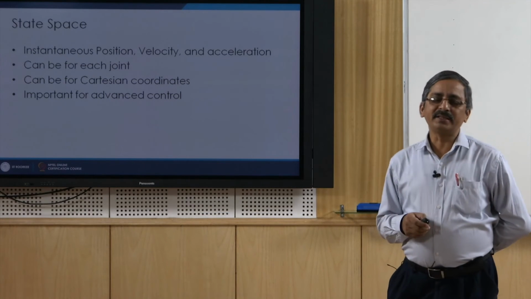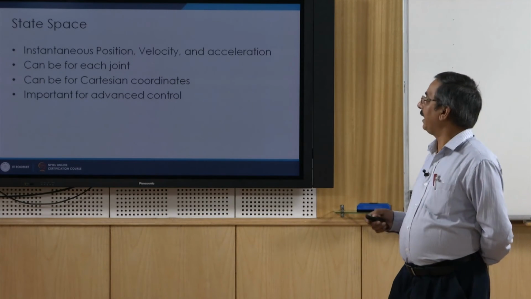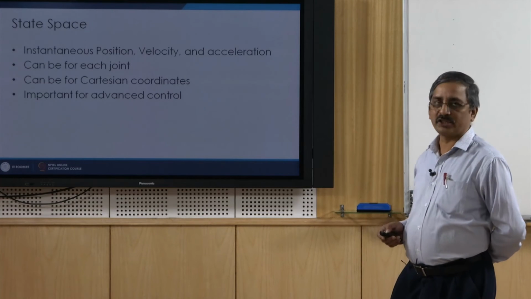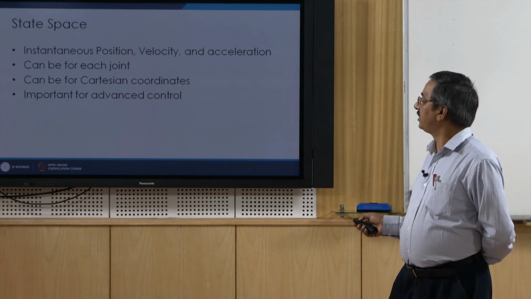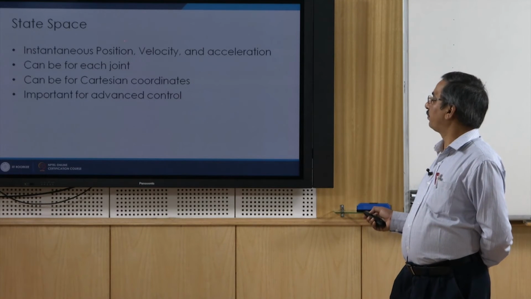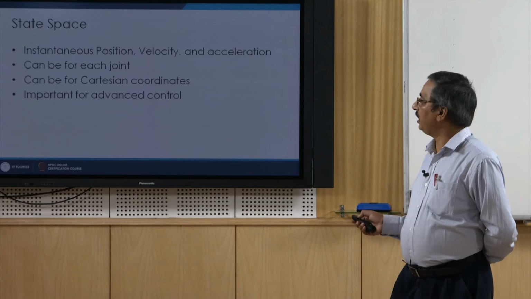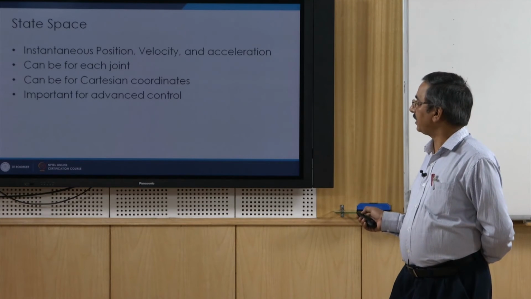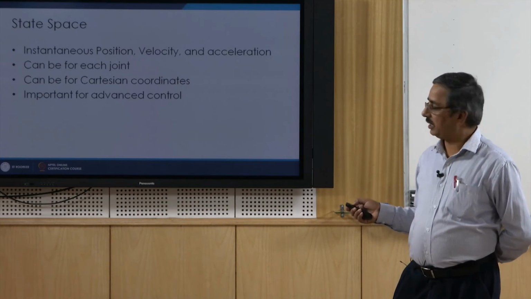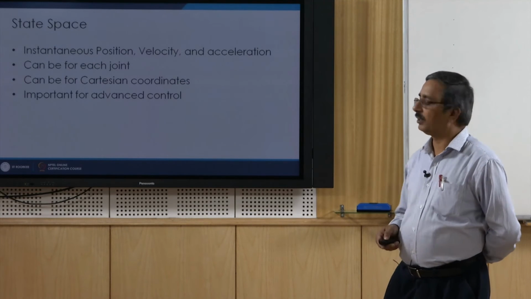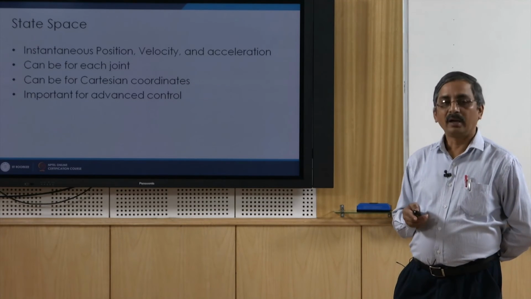The expressions are usually written in the form of state space, which describes the instantaneous position, velocity and acceleration, can be for each joint or for Cartesian coordinates, and of course, this is important for advanced control analysis.